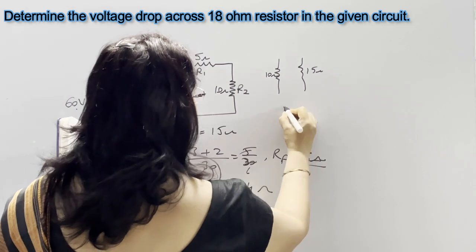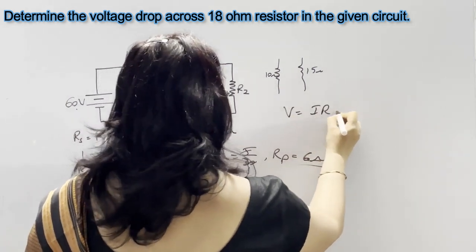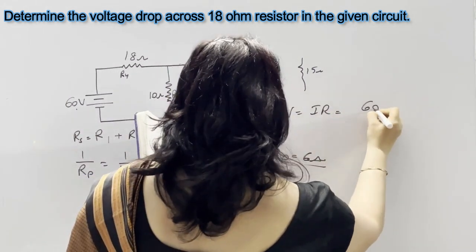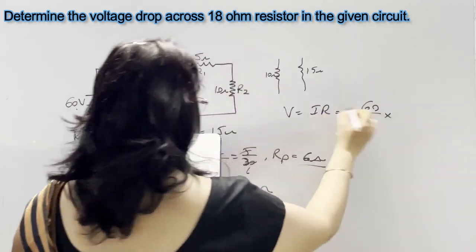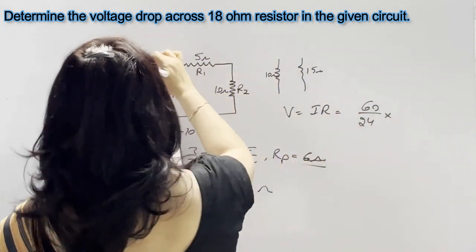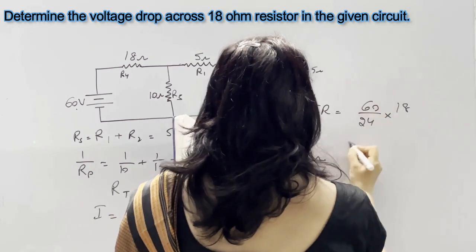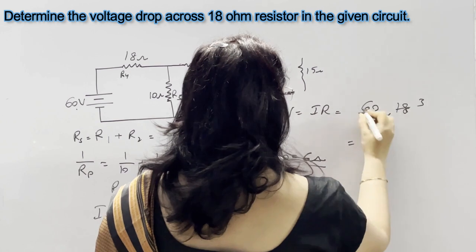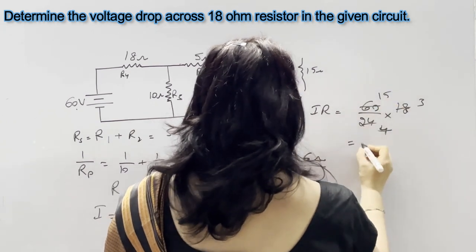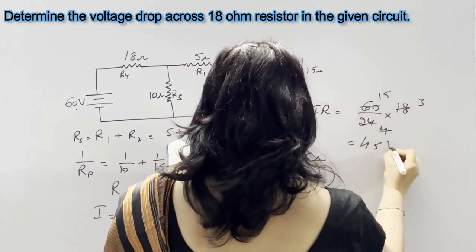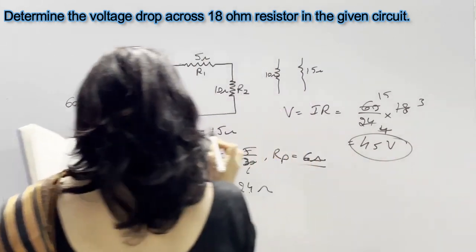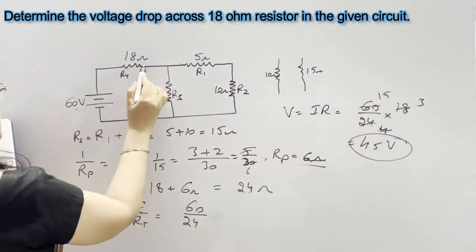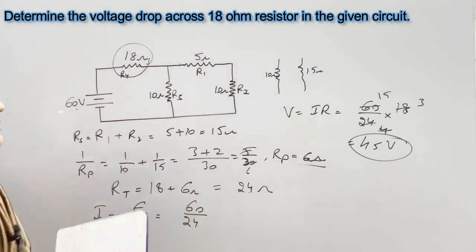For voltage drop, V is equal to I into R. So 60 upon 24 is the value of the current, and the resistance we take is only 18 ohm. So 18, now 6 3 18, 6 4 24, 4 15 60, then 15 into 3. It means 45 volt is the voltage drop across this 18 ohm resistor.